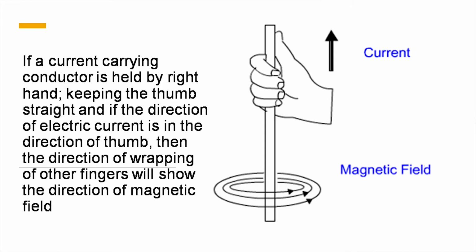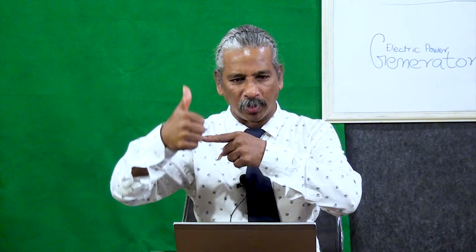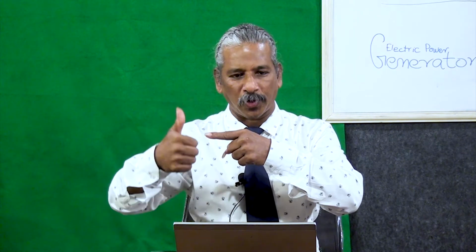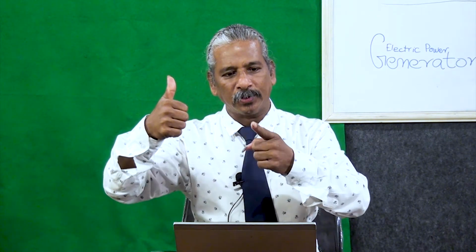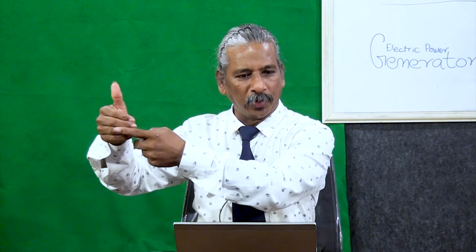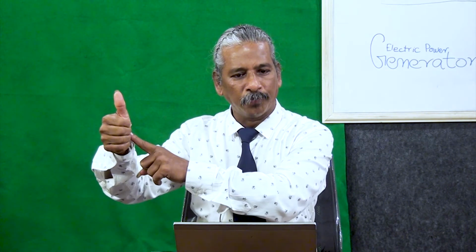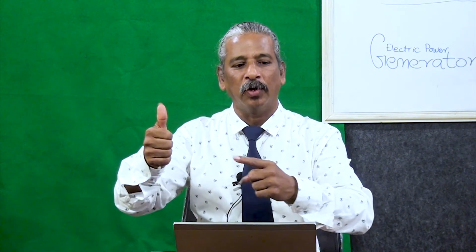If a current-carrying conductor is held by the right hand, keeping the thumb straight and in the direction of the electric current, then the direction of the wrapping fingers will show the direction of magnetic field. That is a simple rule.